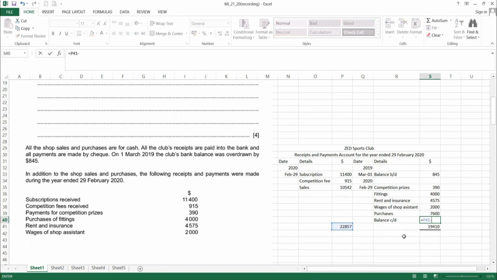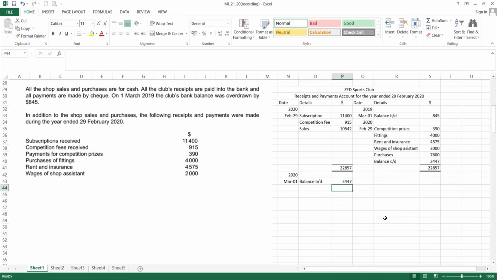So take this minus 19410. This is the amount that we bring down to here. 2020 March 1st balance brought down. Okay, so that is the receipt and payment account.